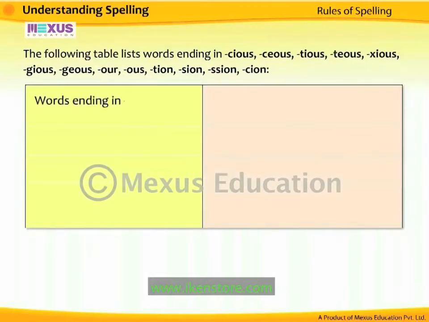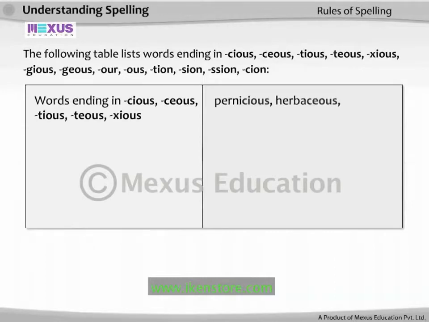Words ending in CIOUS, CEOUS, TIOUS, TEOUS, XIOUS are pernicious, herbaceous, cautious, righteous, anxious.